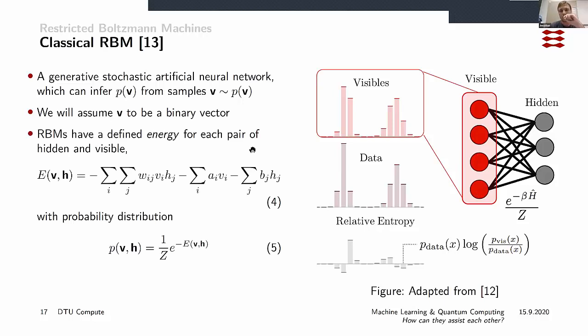And now these restricted Boltzmann machines have what's called a defined energy function. And this energy function comes in quite handy when we want to know the probability of observing a certain combination of 0s and 1s, both on the visible and on the hidden layer. So this restricted Boltzmann machine right here has this energy function, where the V's and the H's here are the visible and hidden units respectively.